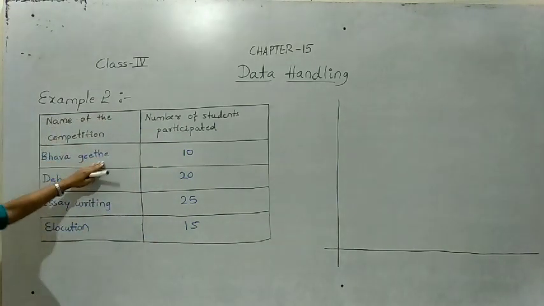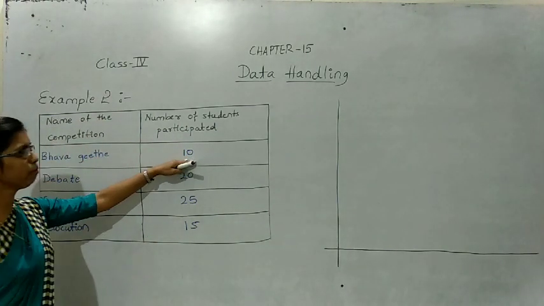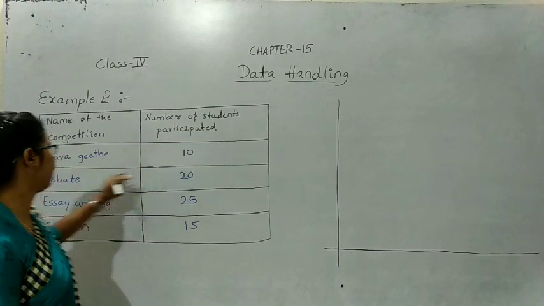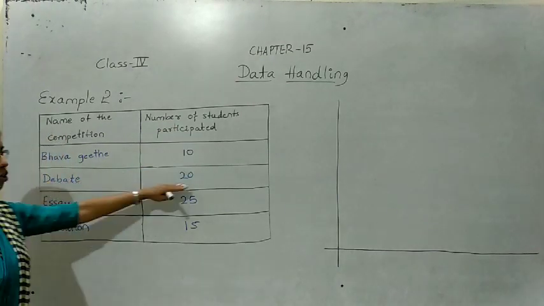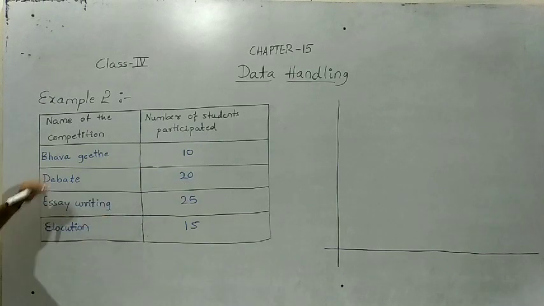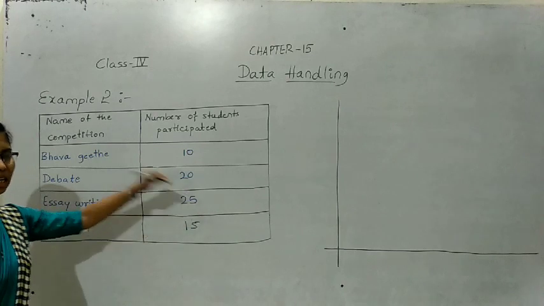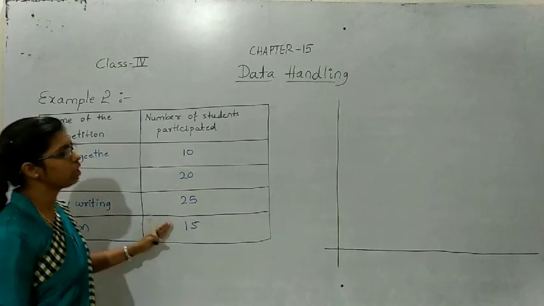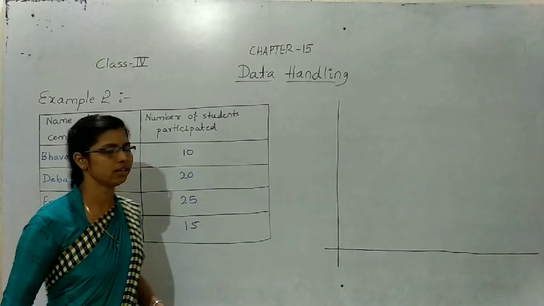See, Bhavagite 10 members. 10 students participated in Bhavagite. Debate competition 20 members. Essay writing 25 members. And elocution 15 members. These are the numbers participated.